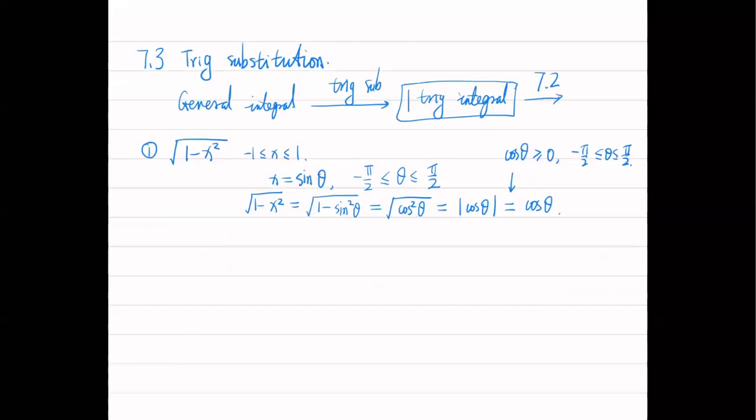Okay, now let's do the integral. Let's start with this one, 1 over the square root of 1 minus x squared. Without the trig substitution, how do you do this?